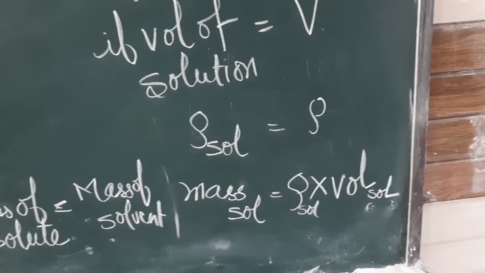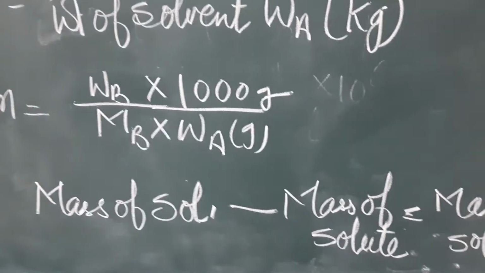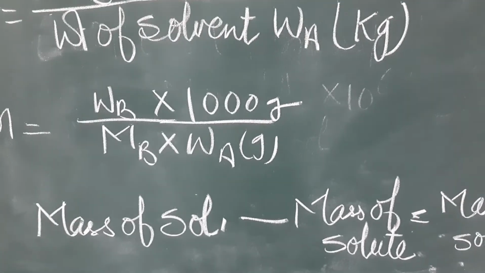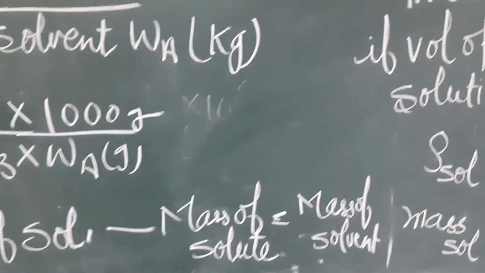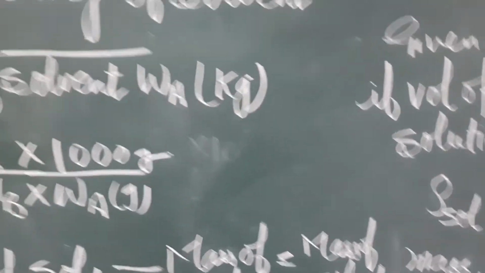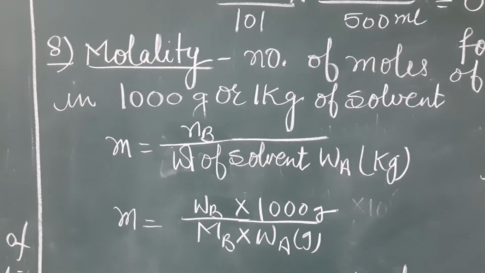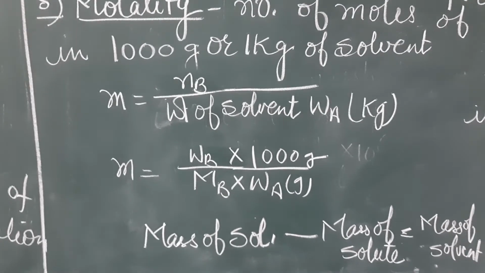So mass of solution is equal to density into volume. When we find the mass of solution, subtract the mass of solute from the mass of solution, and you get the mass of solvent. Put these values in this formula and you can find the molality of the solution.